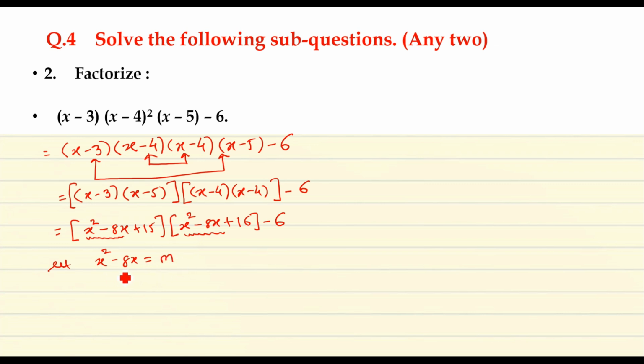And if you assume x square minus 8x as m, now this will become m plus 15, because we assume x square minus 8x as m, and this is m plus 16 minus 6. So now let us expand this.